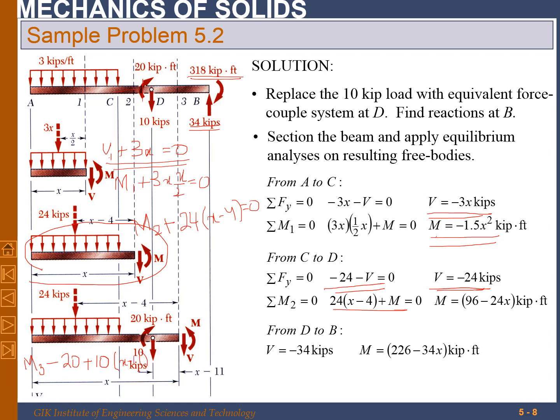And similarly, this is again acting counterclockwise, so counterclockwise direction will be positive, so plus 24 into x minus 4 is equal to 0. And by solving it, M is equal to 226 minus 34x kilopound feet.